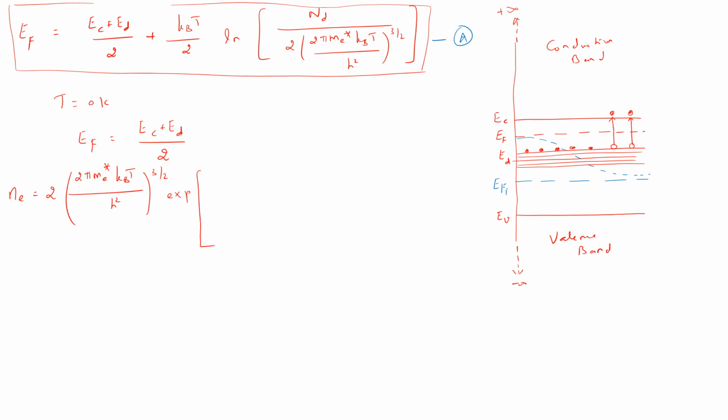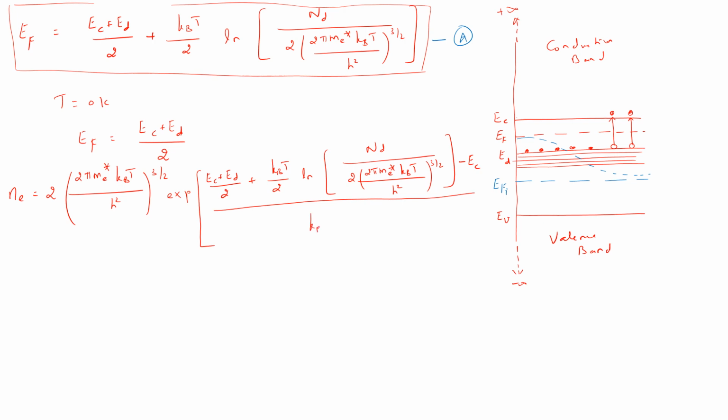So in the place of EF, I will have to substitute equation A. So EC plus ED divided by 2 plus kBT divided by 2 ln of ND divided by 2 into (2 pi me star kBT divided by h square) whole power 3 by 2, minus EC, whole divided by kBT. So this is the equation.